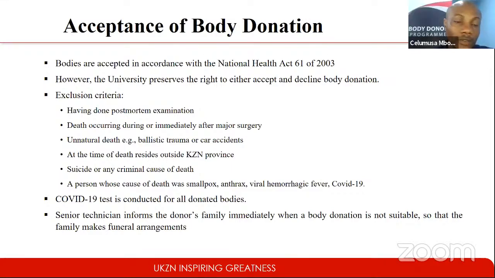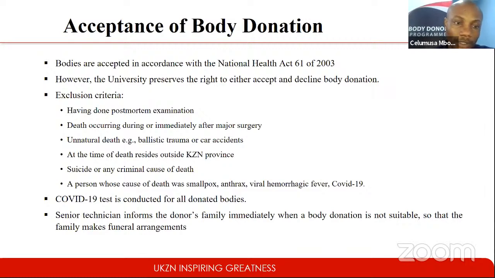So in each of those cases when postmortem has been done, or a person that occurred during or immediately after a major surgery, or they've been involved in a car accident, the cases there, normally the arterial system will either be damaged or not be intact, would not be helpful for us to preserve the body.